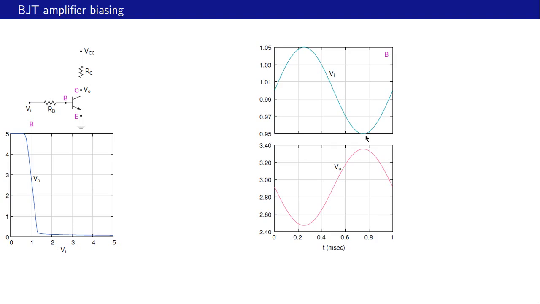What about the amplitude of Vo? Let's look at the peak to peak voltage here. It's roughly 2.4 to 3.4, so it's about 1 volt, slightly less. And so therefore we see that there is a gain of 1 volt divided by 0.1 volt, or about 10, a little less than 10, and that is what we mean by amplification.